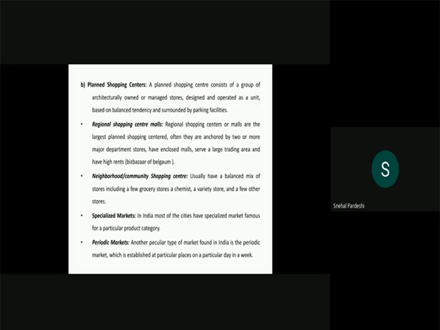Next we have periodic markets. This means that business will not happen regularly, or retail shops won't be situated regularly. It depends on a very specific type of market, especially found in India, which is established in certain places on the basis of the day of the week.